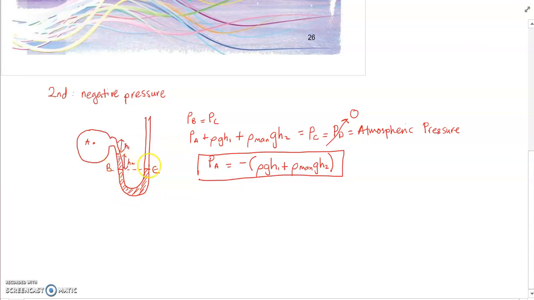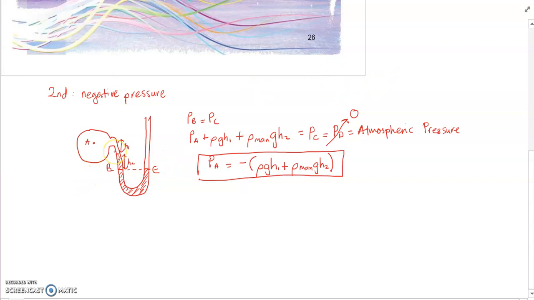On your left side, you don't have any height above point C, which means your C is directly at atmospheric pressure. If point C is D, atmospheric pressure is zero gauge pressure, so your PC is 0.